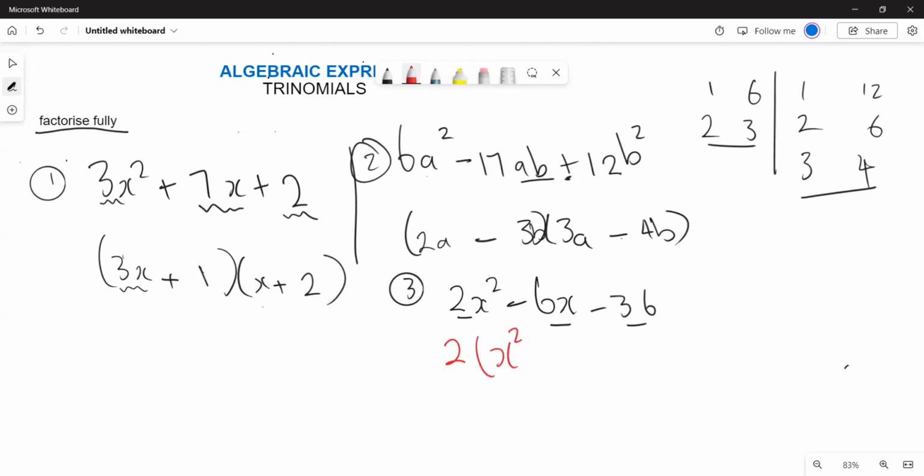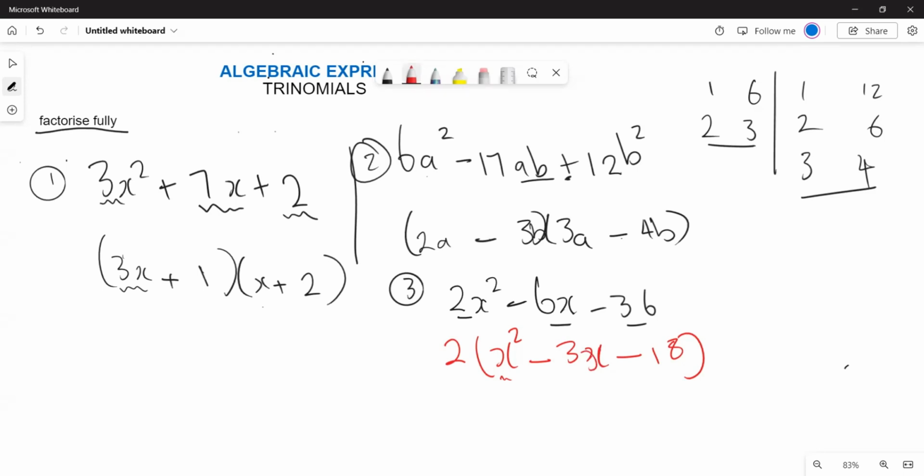You are going to be left with x squared subtract 3x. And then what is 36? When you've taken out the common factor of 2, you are going to be left with 18, right? So that's that. Now after that, can you be in a position to factorize this? x squared subtract 3x, subtract 18.